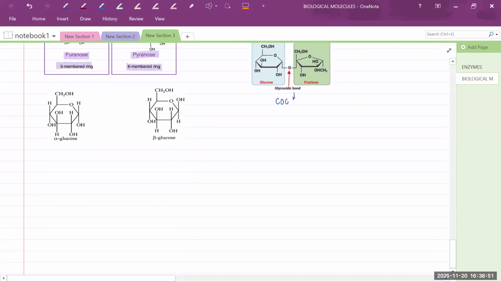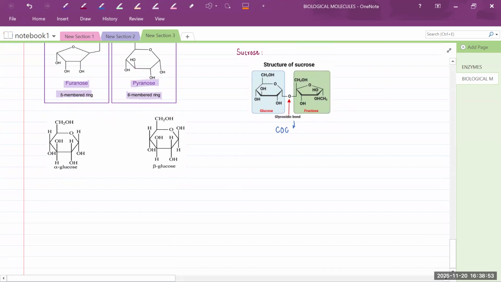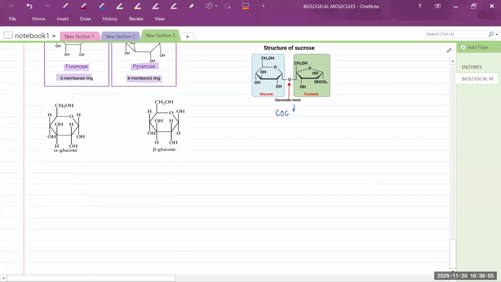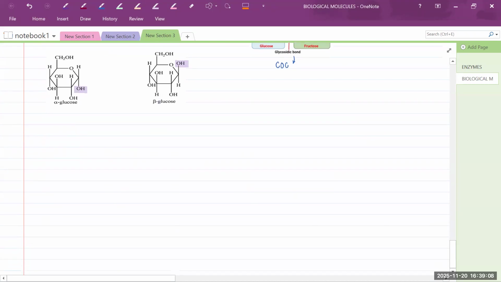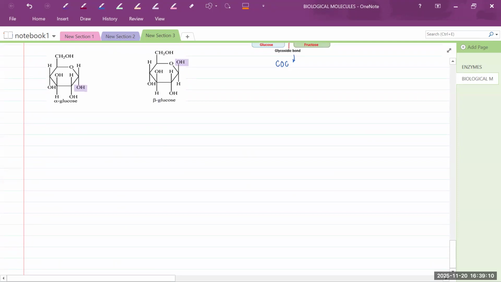Also, we need to remember the structure of alpha glucose and beta glucose and the difference between them. Alpha glucose has OH below the plane of the ring, and beta glucose has an OH above the plane of the ring. So the easy way to remember is, please don't judge me on this mnemonic, but it is this.